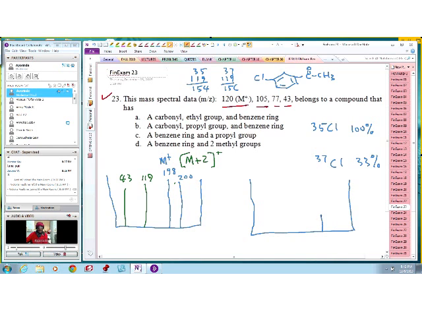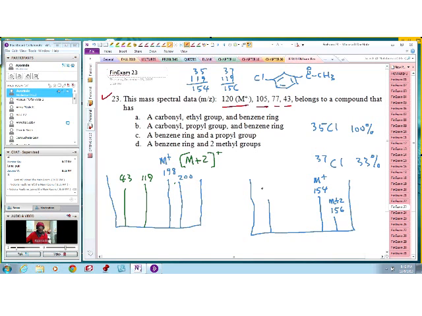You see a molecular ion at 154, which is your molecular ion. Then you see an M+2 ion, which will be about 1/3 of the molecular ion. If you see that relationship in the mass spectrum of a compound, what that tells you is that you have chlorine in the molecule.